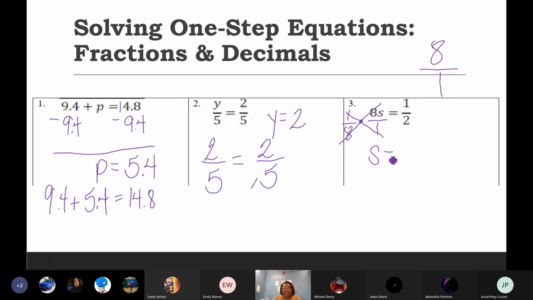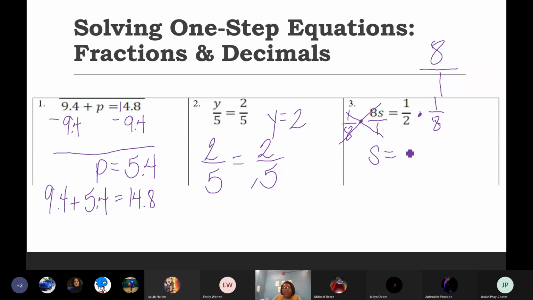And now I have my S alone, but I'm not done yet. Remember, whatever I do on the left side, I have to do on the right side as well. So if I multiplied by 1/8 on the left side, I have to multiply by 1/8 on the right side.